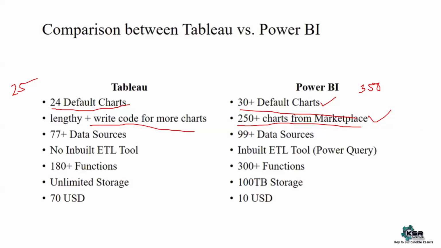Now, along with creating the visuals, getting data from multiple data sources is also very important. So how many different data sources can we connect to Power BI? There are 100 plus data sources which we can directly connect with Power BI. If you compare it with Tableau, Tableau has around 80 data sources. That is the basic difference. In Tableau, you cannot connect certain data sources directly.